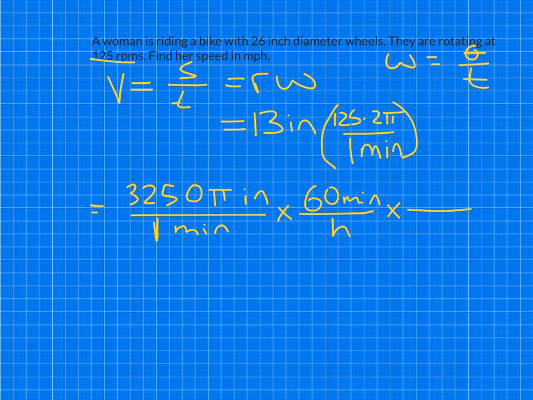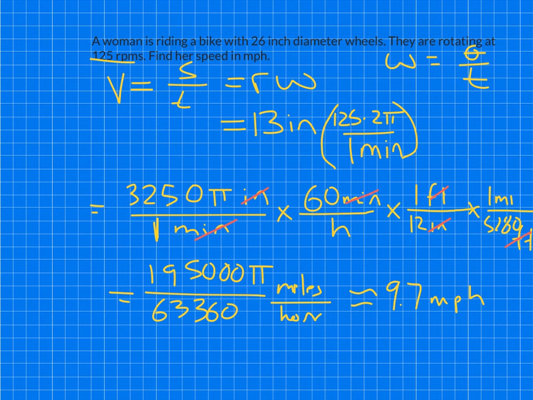So that's 1 foot per 12 inches, and then 1 mile per 5,280 feet. Let's multiply that all out. You get 195,000 pi over 663,360 miles per hour. That's meaningless, so let's find the decimal. You divide it all out and you get about 9.7 miles per hour.